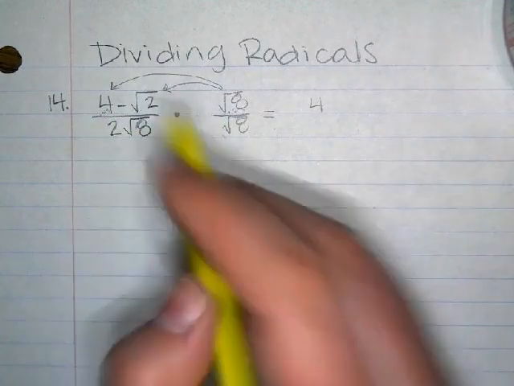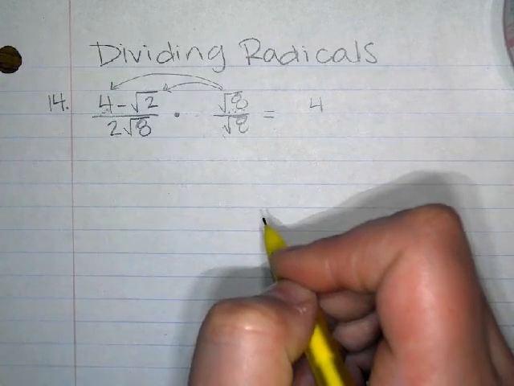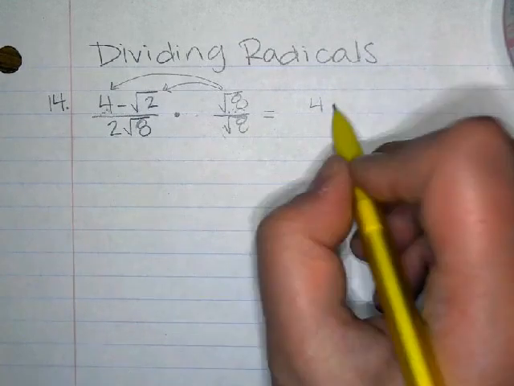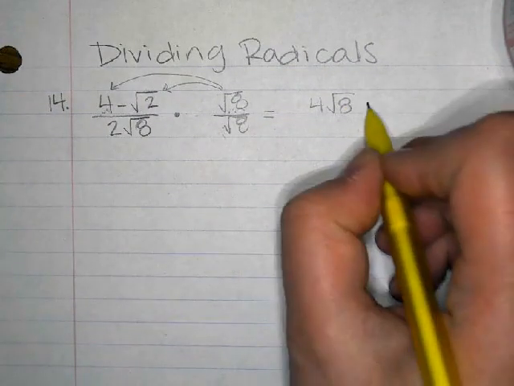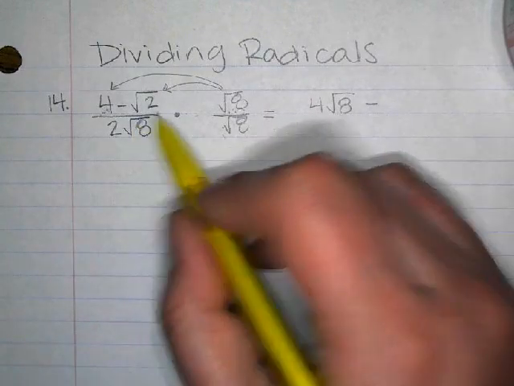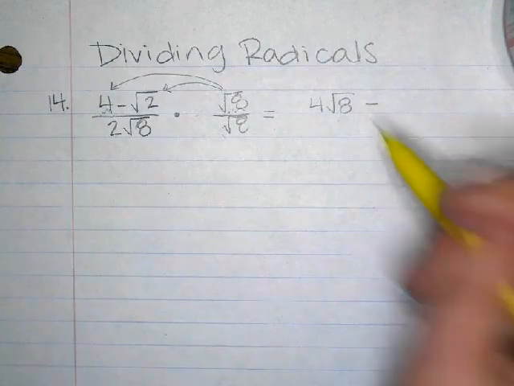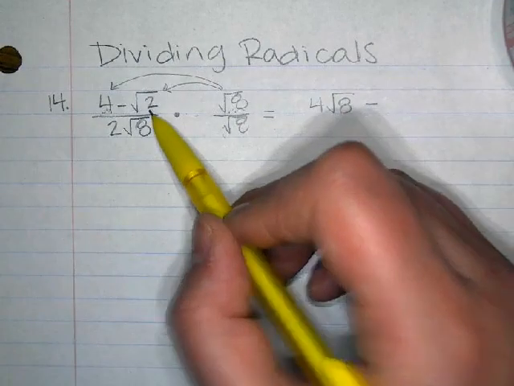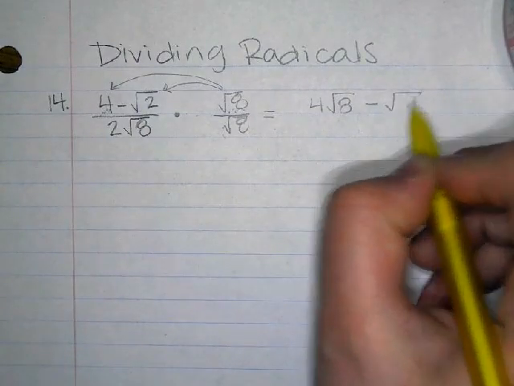Root 8 times 4. I get 4 root 8. Root 8 times 4 is 4 root 8. You can't multiply the two numbers, yeah. One's not underneath a radical, one is underneath a radical. And then root 2 times root 8 is root 16.